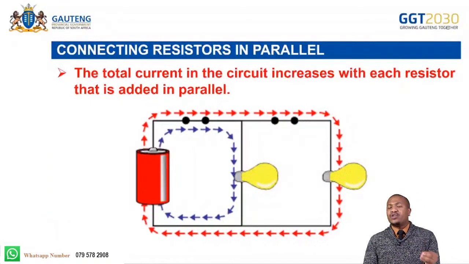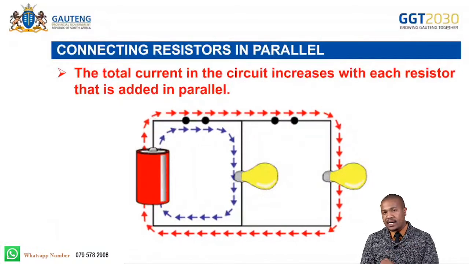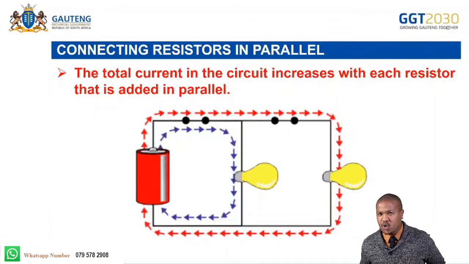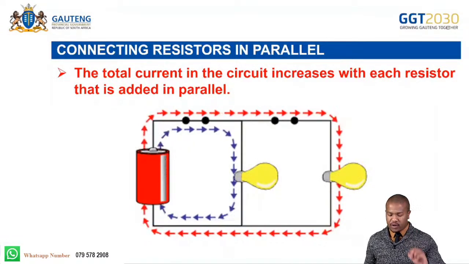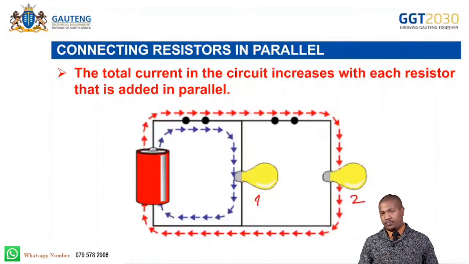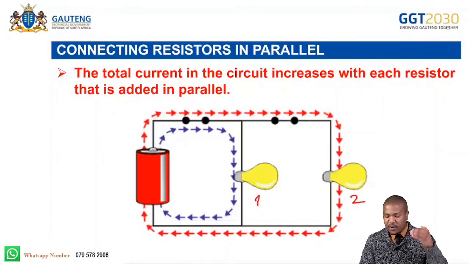So also the total current in the circuit increases with each and every resistor that is added in parallel. When you look at this example, how many resistors do we have? We have two, resistor 1 and resistor 2. The total current in the circuit increases with each resistor added in parallel.